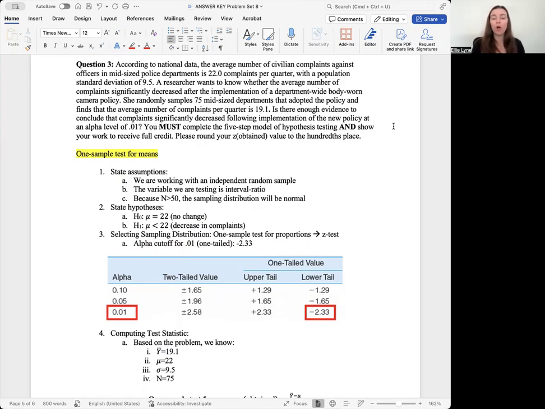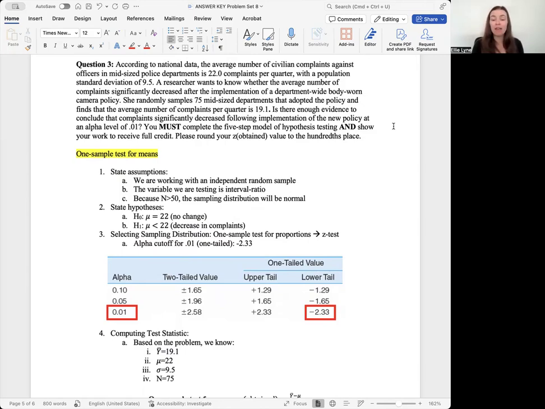A researcher wants to know whether the average number of complaints significantly decreased after the implementation of a department-wide body-worn camera policy. She randomly samples 75 mid-sized departments that adopted the policy and finds that the average number of complaints per quarter is 19.1. Is there enough evidence to conclude that complaints significantly decreased following implementation of the new policy at an alpha level of 0.01?